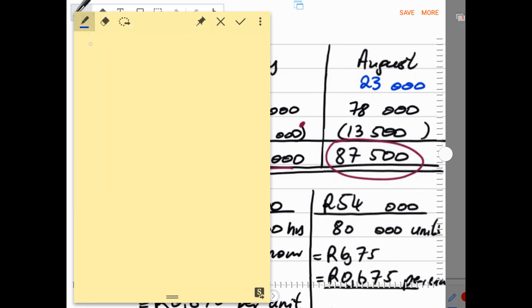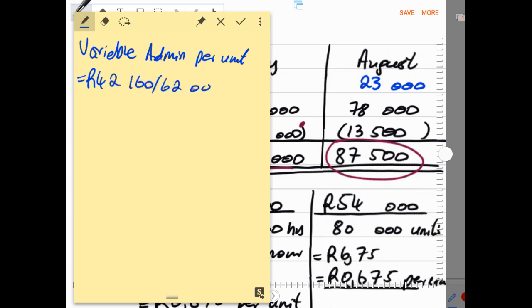Variable admin per unit sold will be 42,160 divided by 62,000 units that were sold in July. This will give us 0.68 cents.